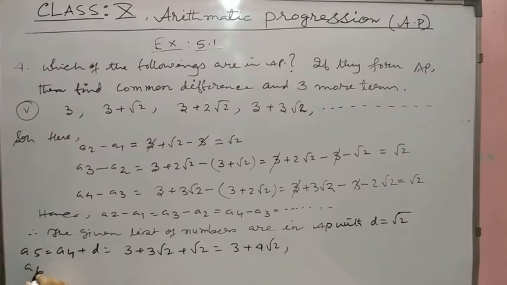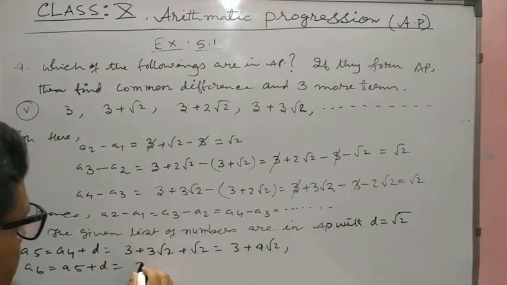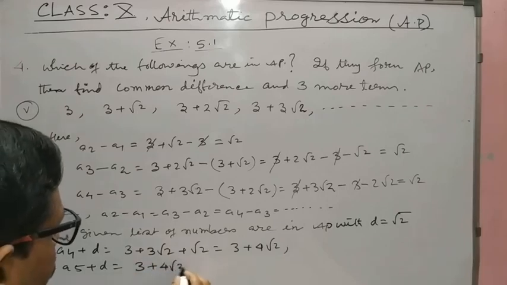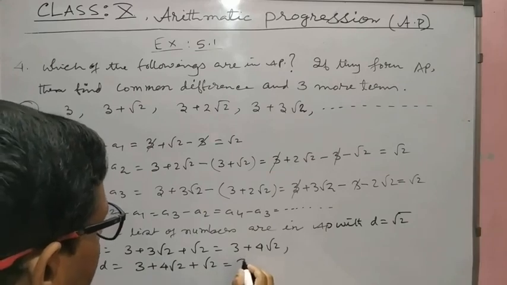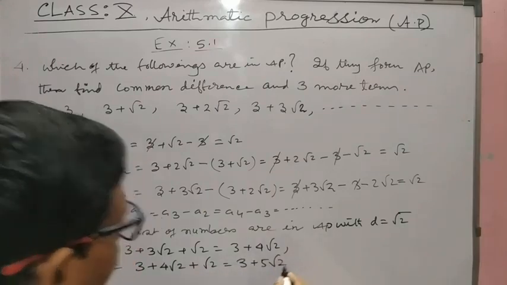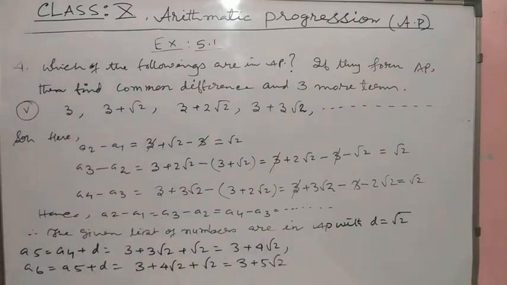A6 equal to A5 plus D. A5 means 3 plus 4 root 2. D means root 2. So it will be 3 plus 5 root 2.